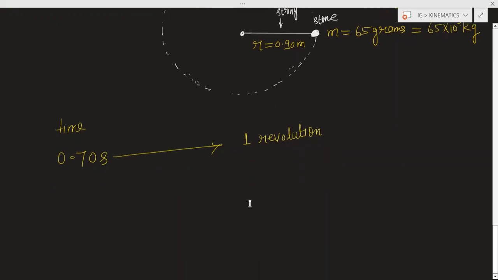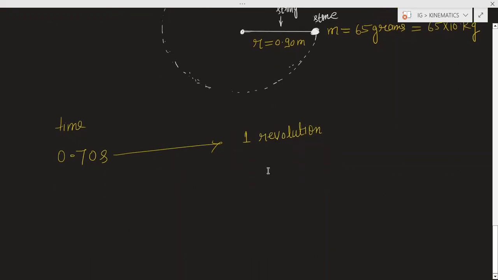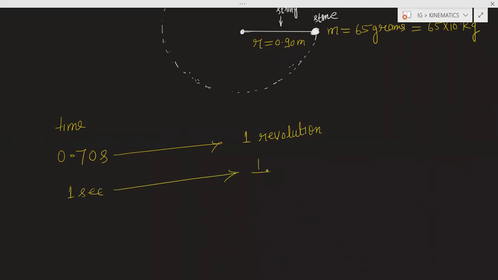Now, what is frequency? Frequency is the number of revolutions in 1 second. In 1 second, the number of revolutions will be 1 by 0.70, and this value will be the frequency.